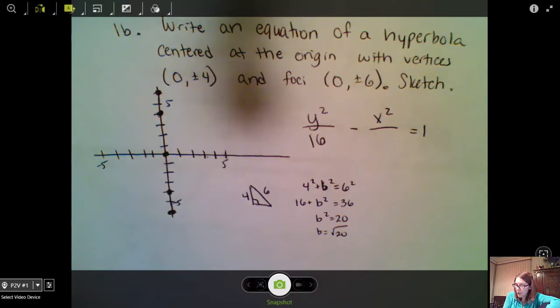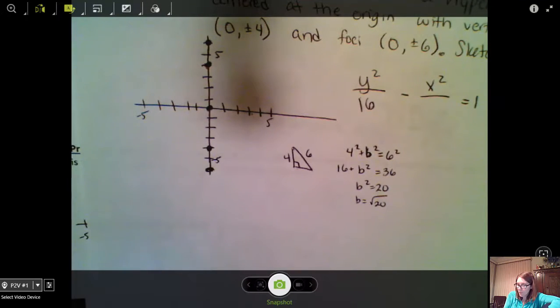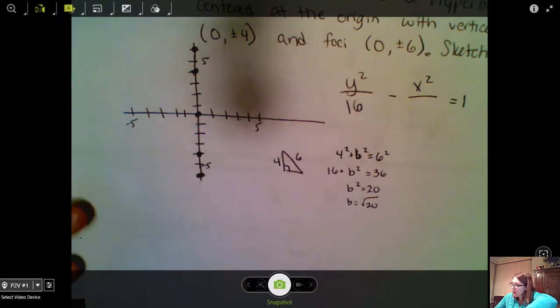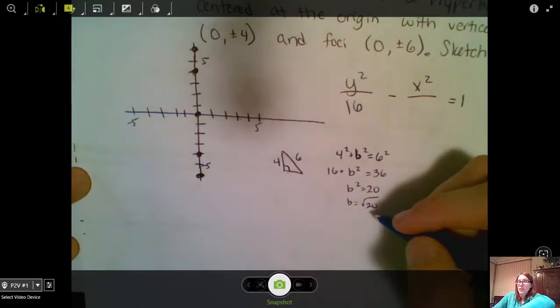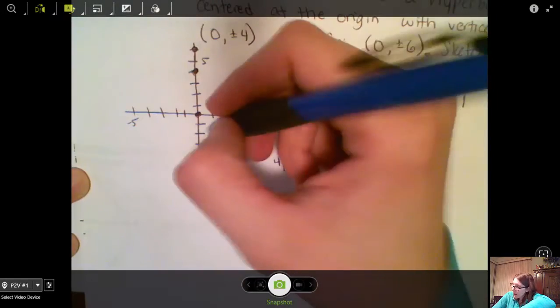Let me plug that in real quick. Just about 4.5, 4.47, and we can use that as we go to sketch our graph. b is about 4.5.